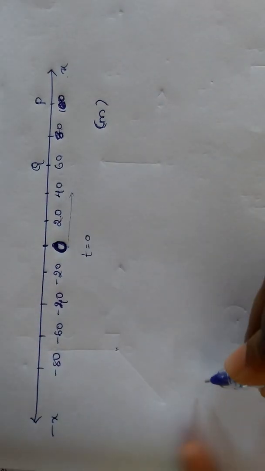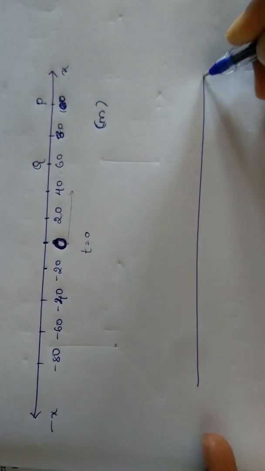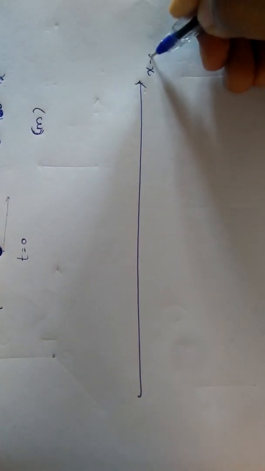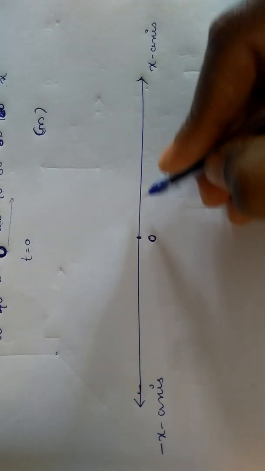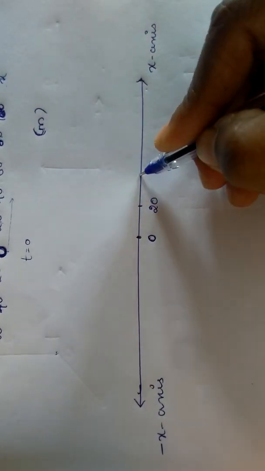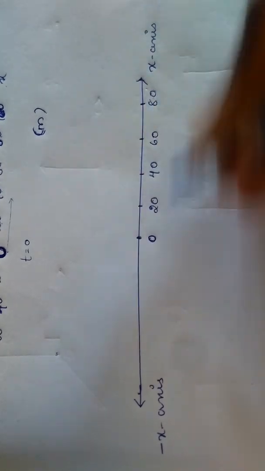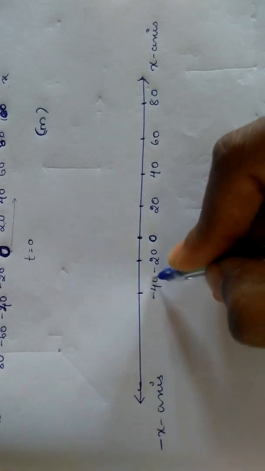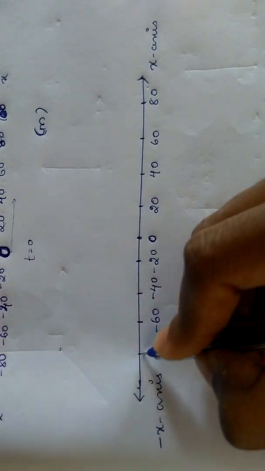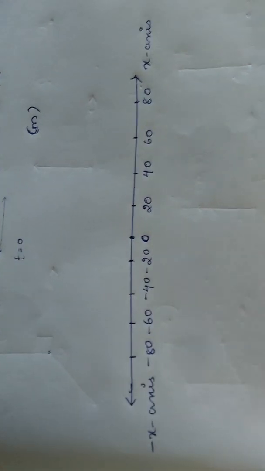Let me redraw this. So this is your positive x-axis, and this will be the negative x-axis. This is origin, 20, 40, 60, 80, minus 20, minus 40, minus 60, minus 80.